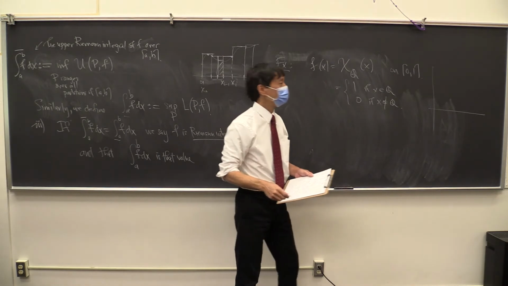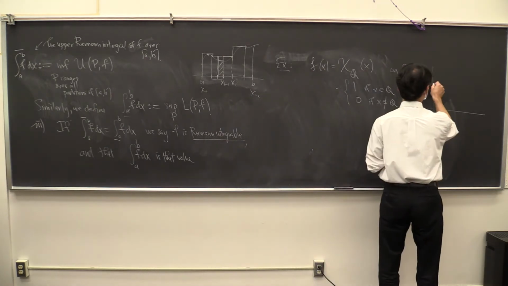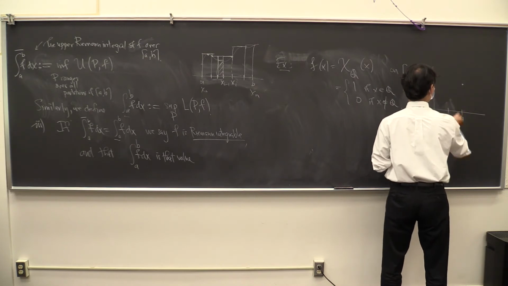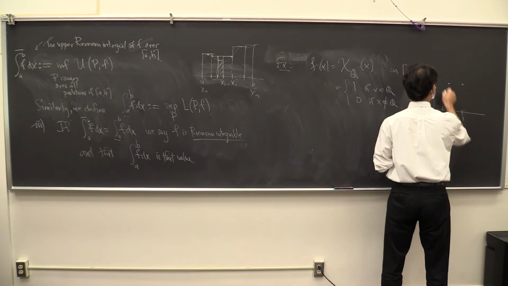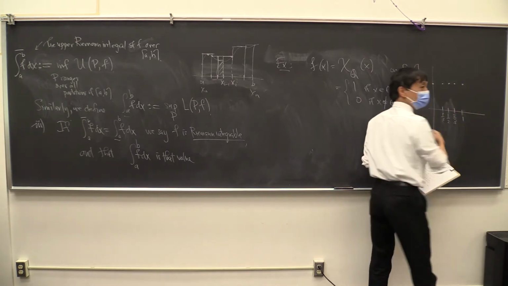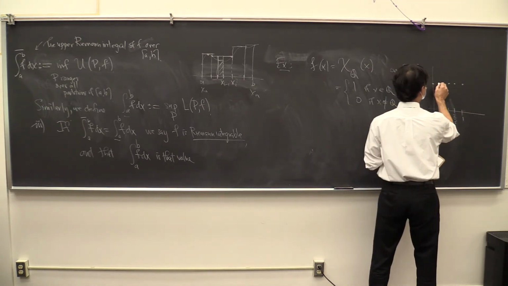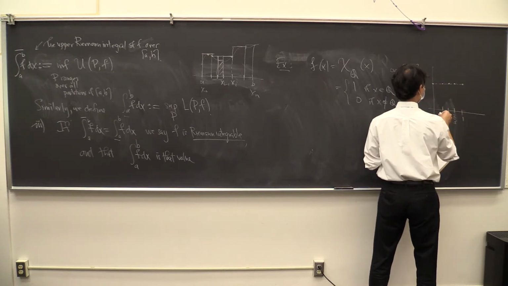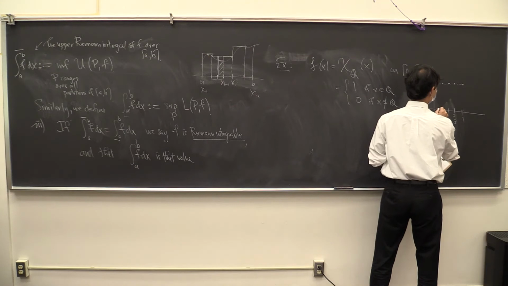At every rational number, you get a 1: at 1, 1/2, 1/3, 2/3, the fourths, etc. So there are countably many points where this takes the value 1, and uncountably many points where it takes the value 0.